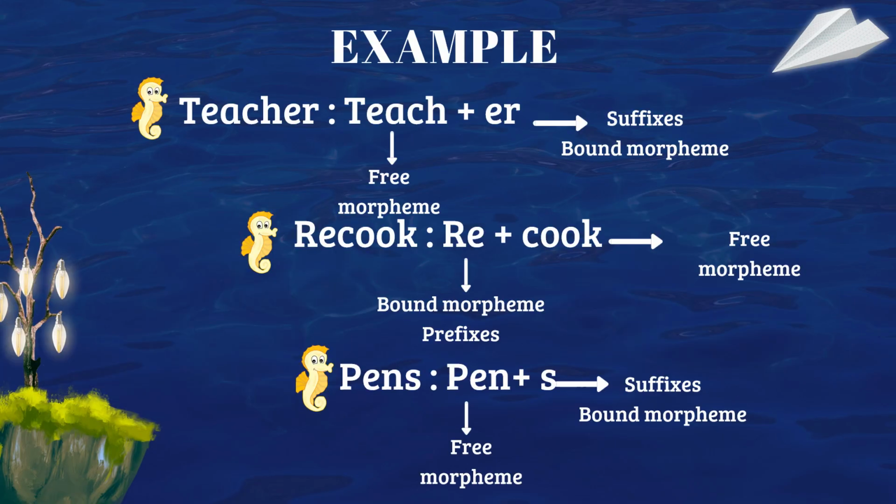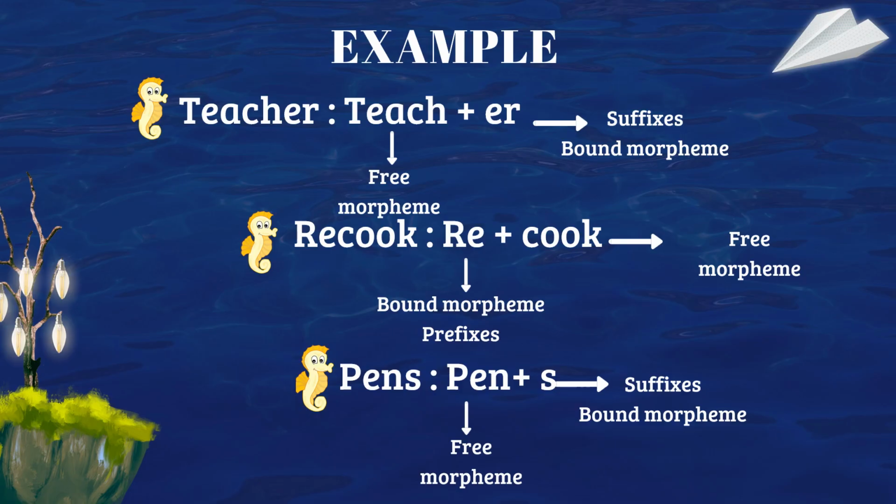And now for some examples. To make it clearer, let's look at some examples here. First example is teacher. We can split it into teach and er. Teach is a free morpheme because it can stand alone.